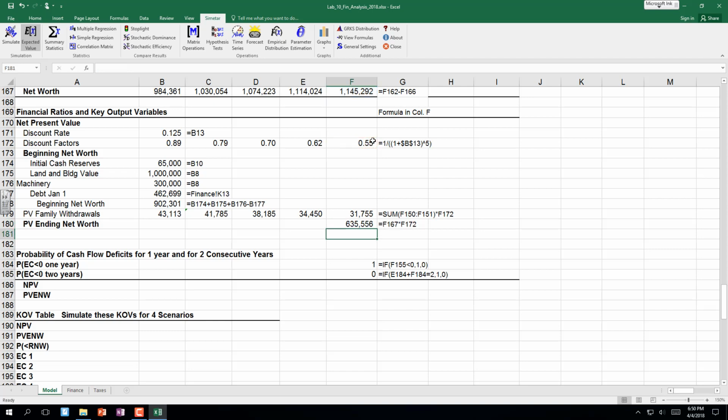Okay. Now, we need to calculate net present value. And net present value, the formula for it is the following. It is equal to minus the beginning net worth plus the sum of the present value of family living plus the present value of ending net worth.